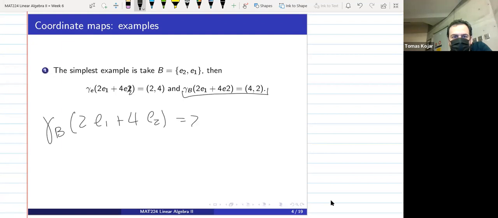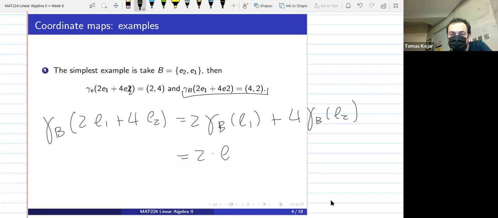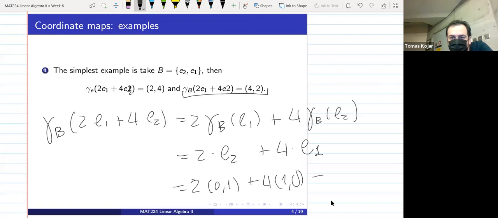Your map is linear, so this is 2 gamma B E1 and then 4 gamma B E2. And now this is 2 times E2, 4 times E1. So then you have 2 times 0, 1 plus 4 times 1, 0, which gives you 4, 2.